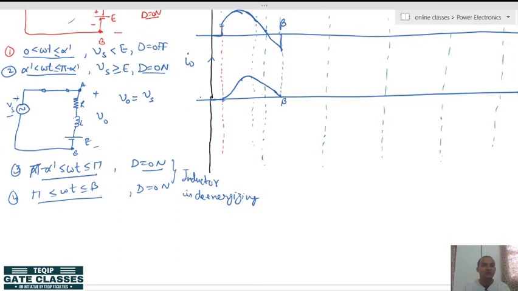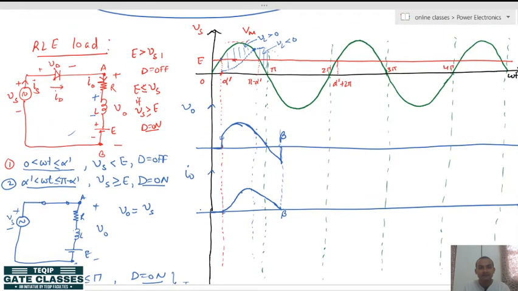Because if you draw the circuit for 0 to alpha dash, it is like this: E, L, R, and here we are calculating V naught. Although the load is disconnected from the source, so no load current flows, some load voltage appears due to this E, this battery EMF. So here also some constant voltage E will be there.